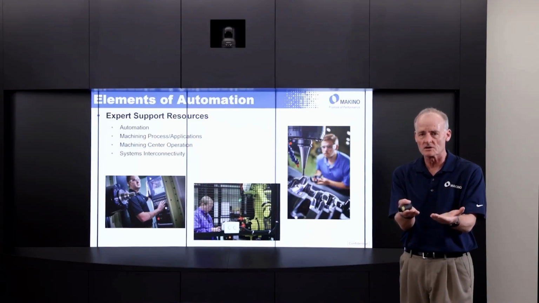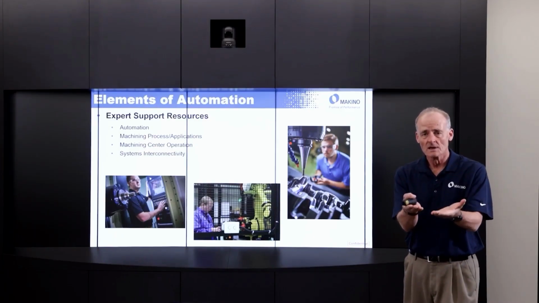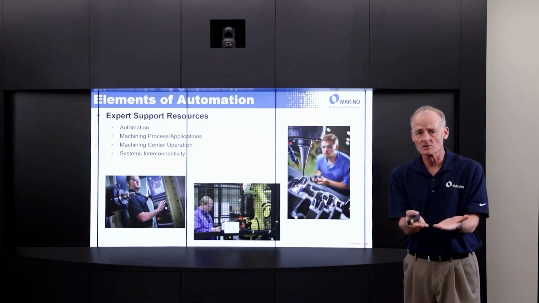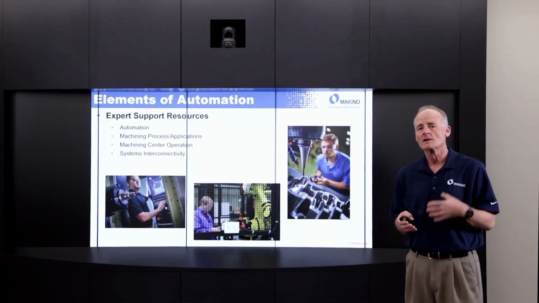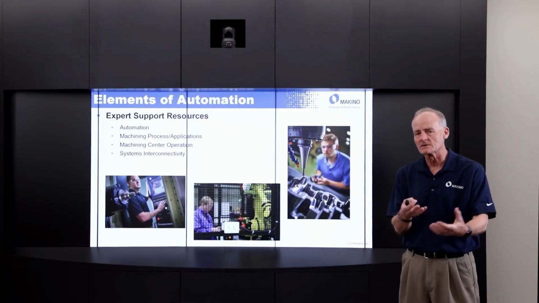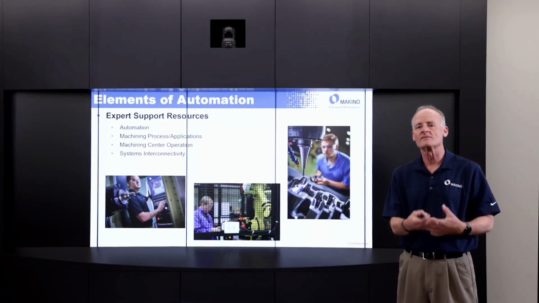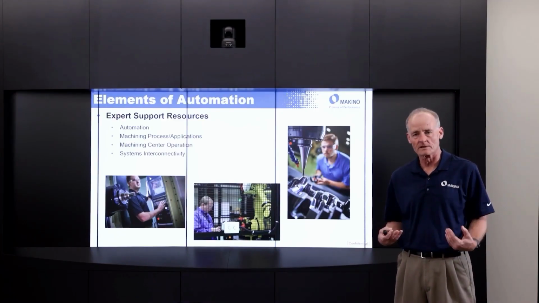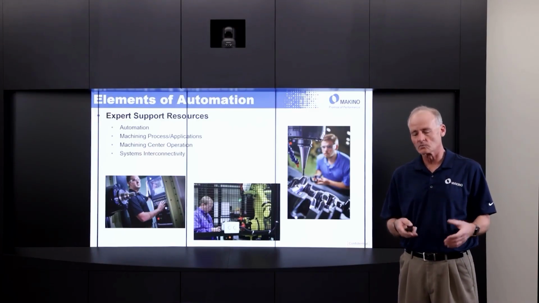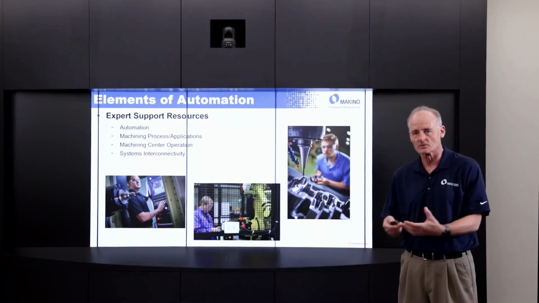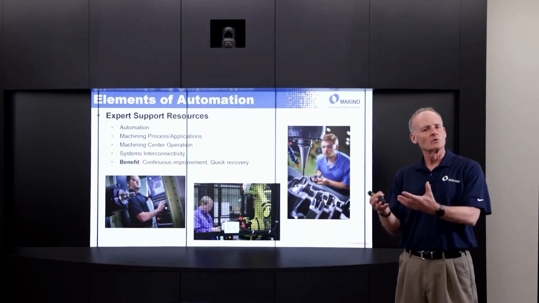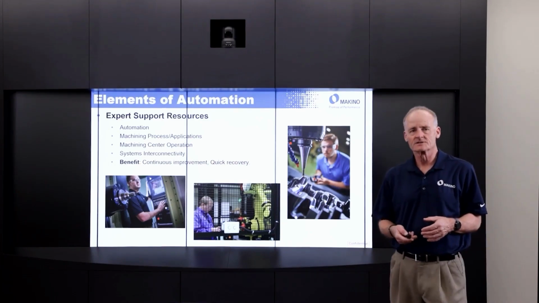We're going to get you started in this area, and give you a system that can run reliably and function over time. But you're going to have people who can help improve that, because once you learn how to operate this system and understand how it integrates with your other operations, you're going to find things you can improve upon. We'll be here to help you, but hopefully you're able to do some of that on your own, because that is the real measurement of a successful machine tending automation: continuous improvement and quick recovery of your automation systems.